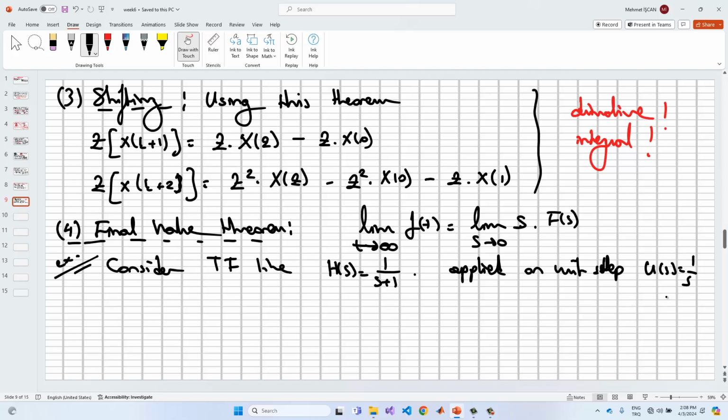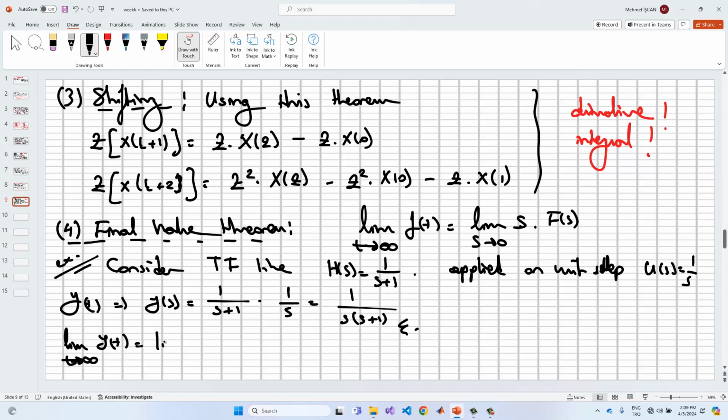This is the unit step transfer function in here, and so the output y(t), or in other terms Y(s), can be described as 1 over s plus 1 times 1 over s, right? This is the output value of these terms. And so in order to find the final value, t must go to infinity for y(t), but in the Laplace domain we have s going to 0.